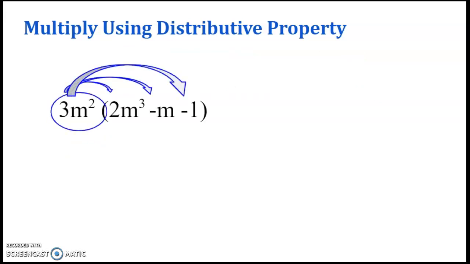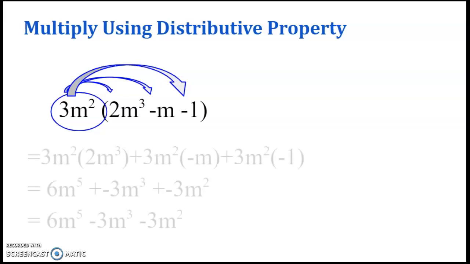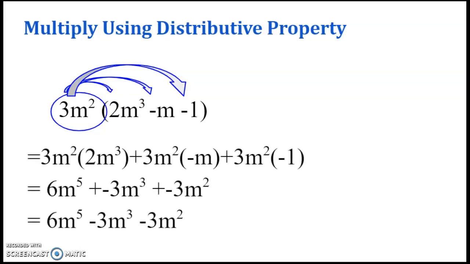Let's just quickly show another example. 3m squared multiplied by 2m cubed minus m minus 1. You're basically multiplying 3m squared, whatever is in front of the parentheses. It's not just the very last variable or the exponent. The whole thing is being multiplied. So it's 3m squared multiplied to the first term in the trinomial. And then to that, you're adding 3m squared multiplied by the second term in the trinomial, which is negative m.